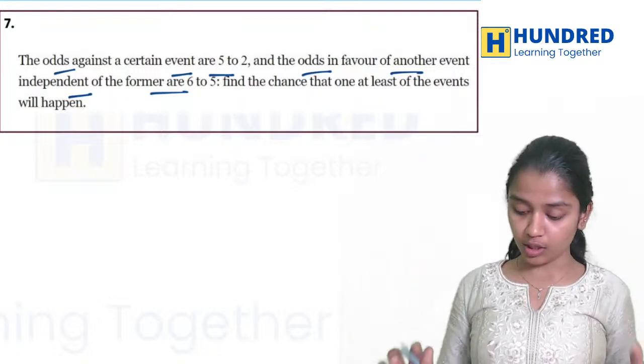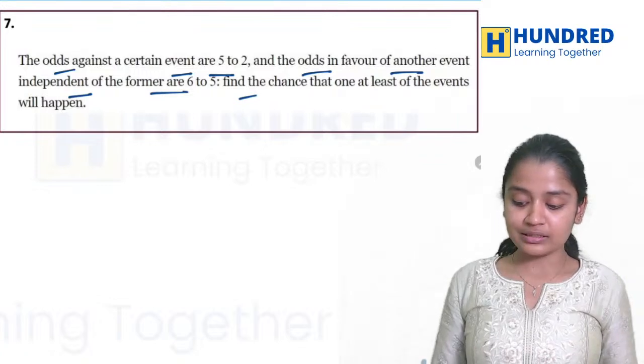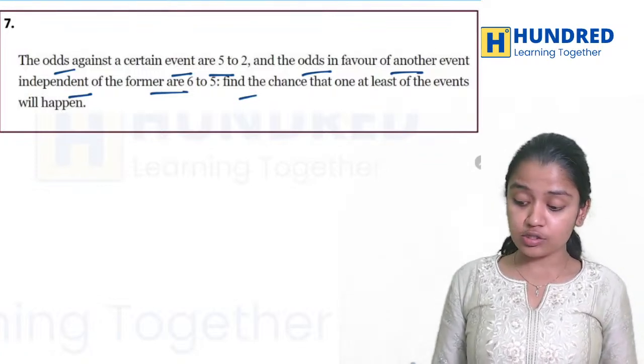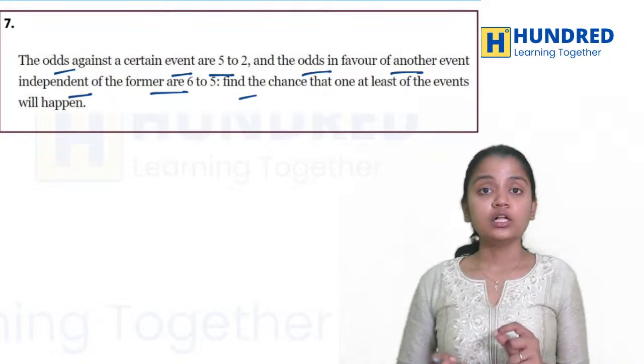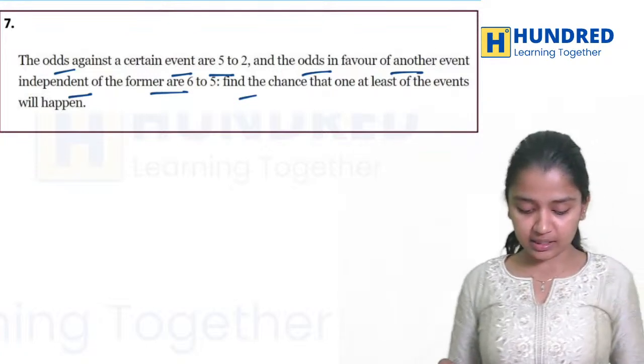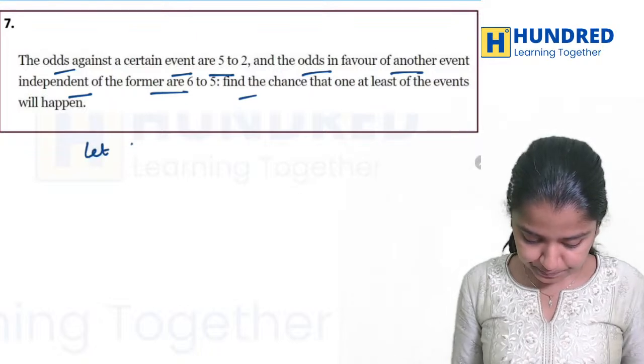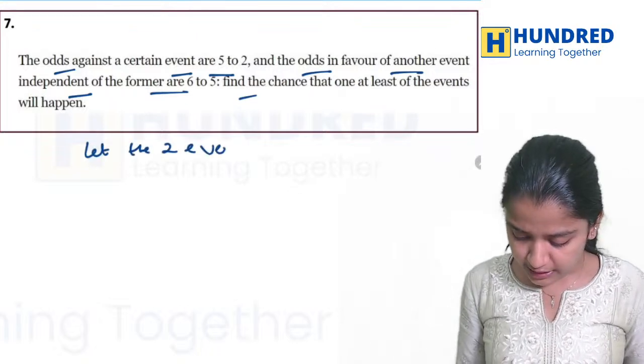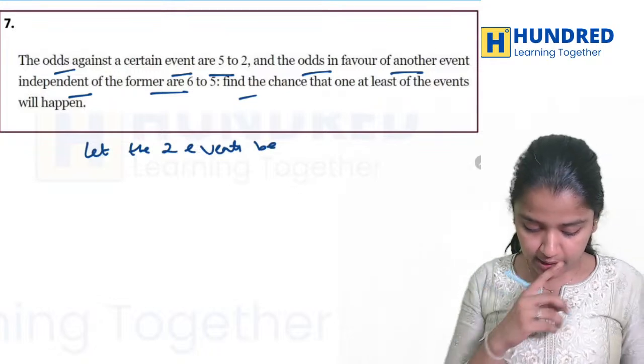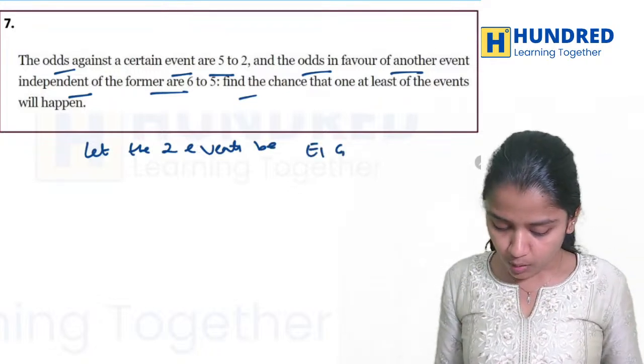So just hold on. Now find the chance that at least one of the events will happen. So the probability that at least one event happens. Now what I do is, let the two events be E1 and E2.